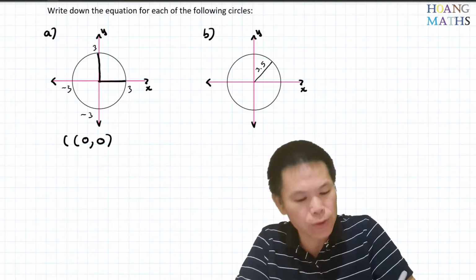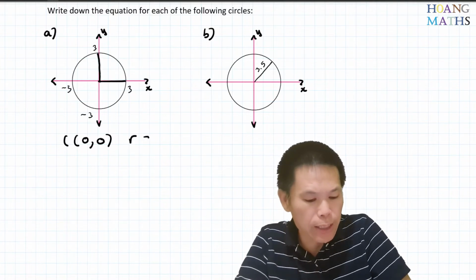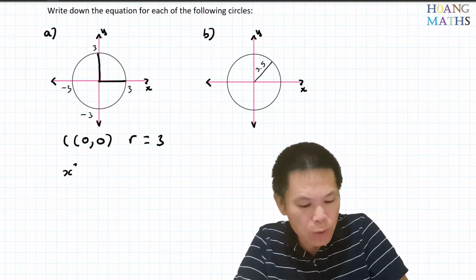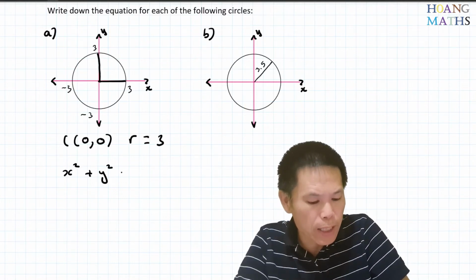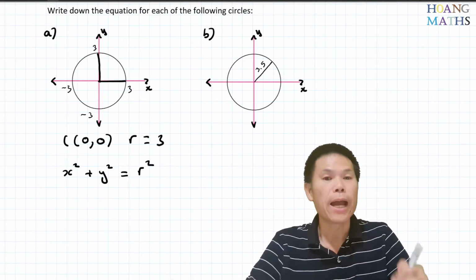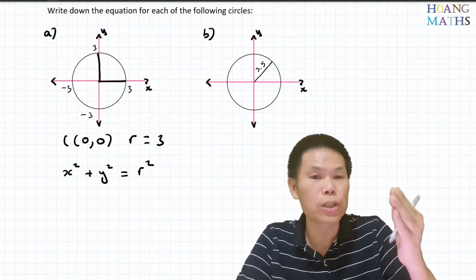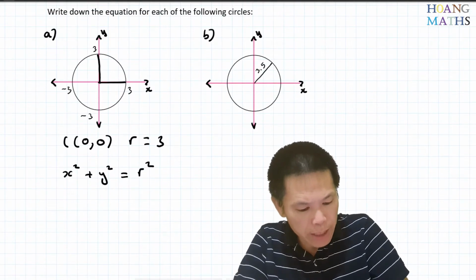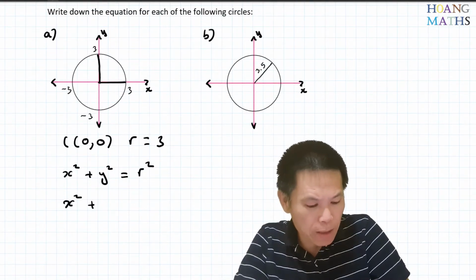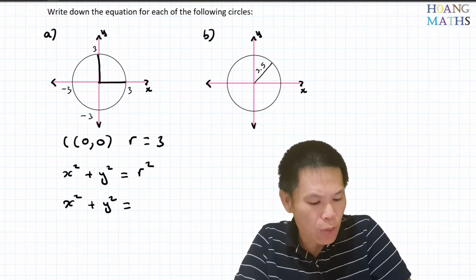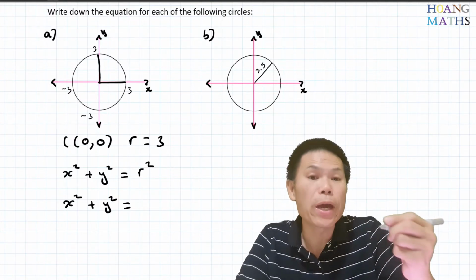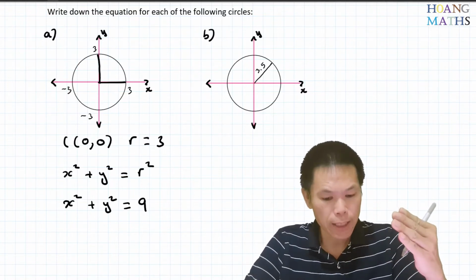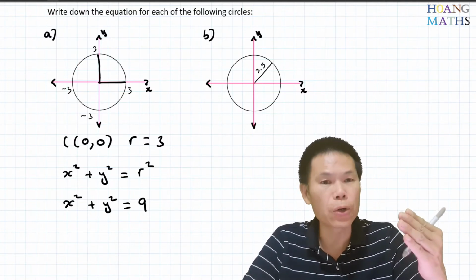We know the general rule is x squared plus y squared is equal to r squared, and r is the radius, which is 3. So x squared plus y squared is equal to 3 squared, and 3 squared is 9. There you go, this is the equation of this circle.